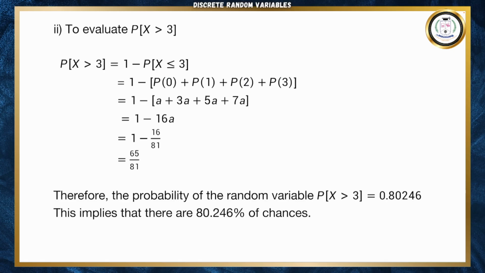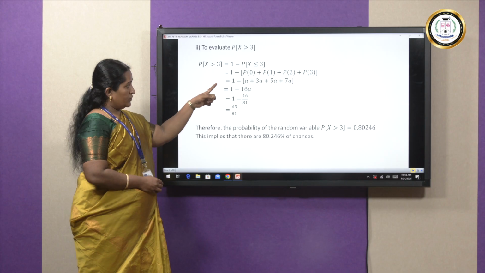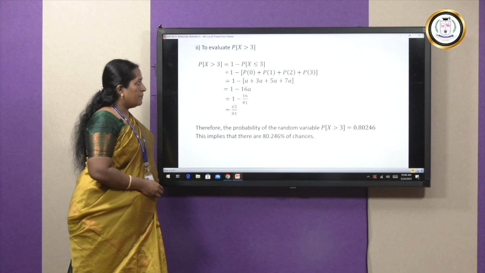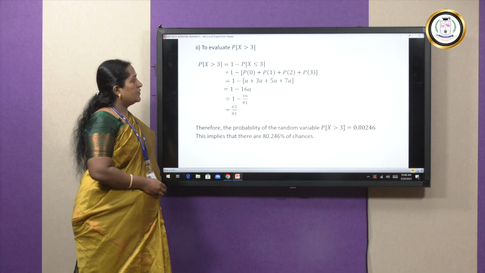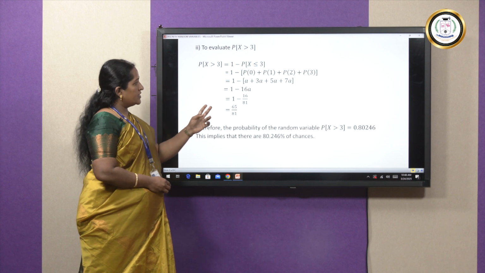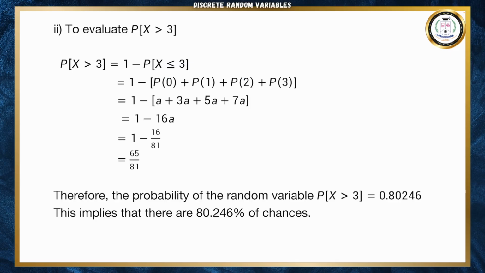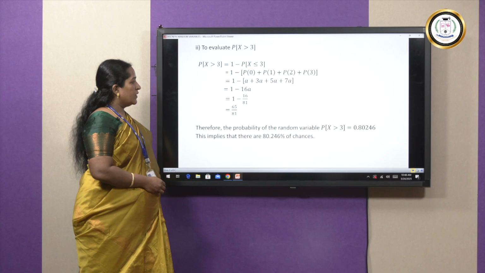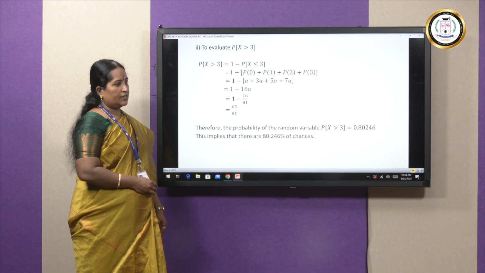We substitute p of 0, p of 1, p of 2 and p of 3 from the probability distribution we got. p of 0 is a, p of 1 is 3a, p of 2 is 5a, and p of 3 is 7a. Adding all these, we get 16a. Substituting the value of a, which is 1 by 81, we get 16 by 81. When we take the LCM and find the value, we get 65 by 81, which is the probability of x greater than 3.